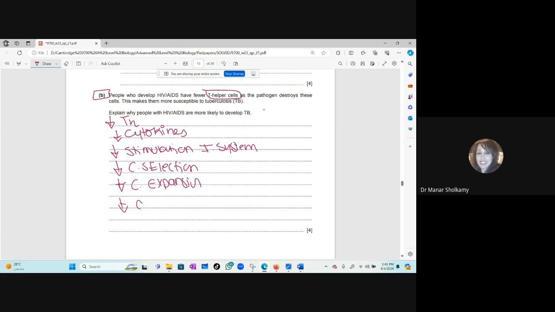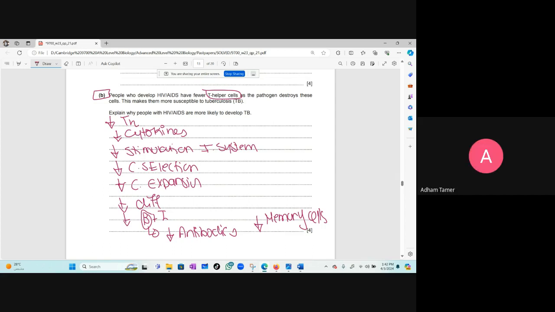Less differentiation, just like you said, less development of B and T lymphocytes. B lymphocytes produce antibodies, so less production of antibodies. Less antibodies and also less what? Memory cells. Very good. And this example, what we are talking about is which type of immunity?